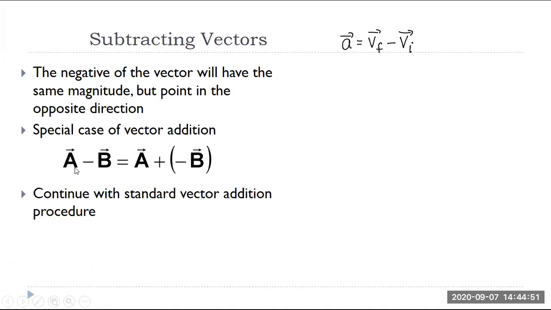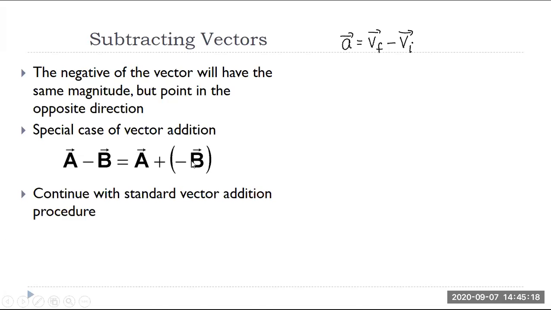What you have to know is that A minus B is the same thing as A adding to it a vector that's minus B. Because if you add a negative number, it's the same thing as subtracting numbers. But we have to know how to write a negative B. All a negative does to a vector is change its direction by 180 degrees.